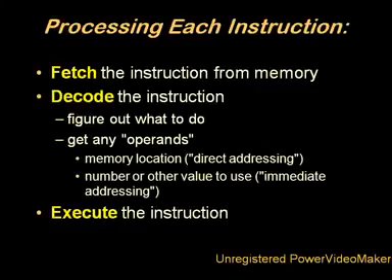It can get these operands either from yet another memory location, going off to fetch the data this time instead of fetching the instruction, or it actually might be information that's right in the instruction itself. Finally, when it's got all of that figured out, it actually has to call then on the ALU to do the appropriate operation, to execute it, we say. Not kill it, just make it happen.